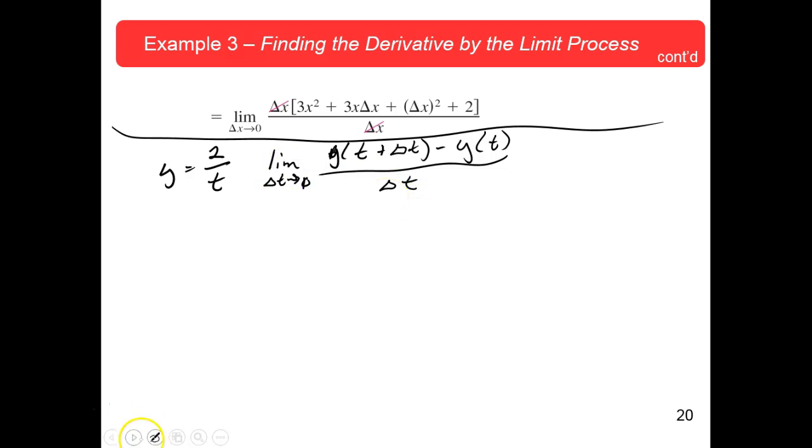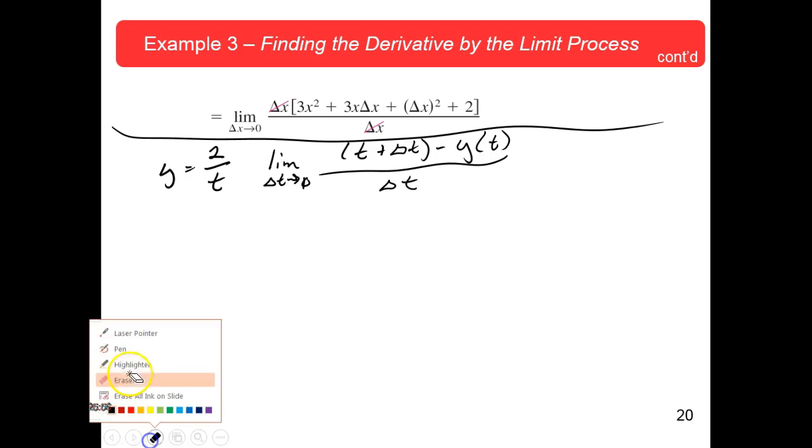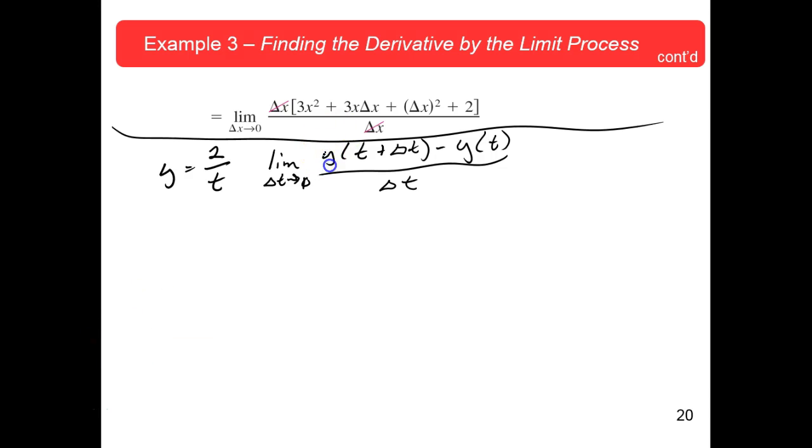So what's y of, that's a pretty ugly y, isn't it? Let's see if I can clean it up just a little bit. Okay. So y of t plus delta t would be what? The limit as delta t is approaching 0 of, everywhere you see a t in this function of t, put a t plus delta t. So what would this be?